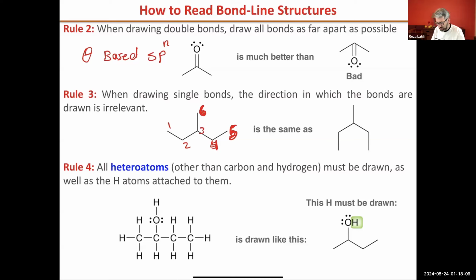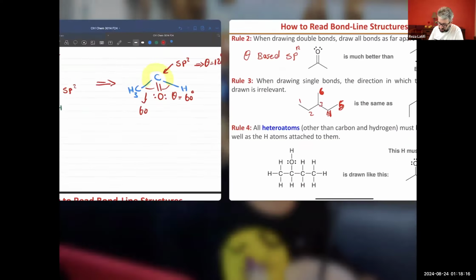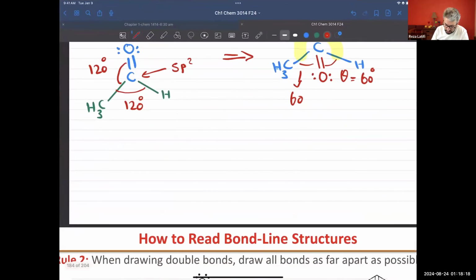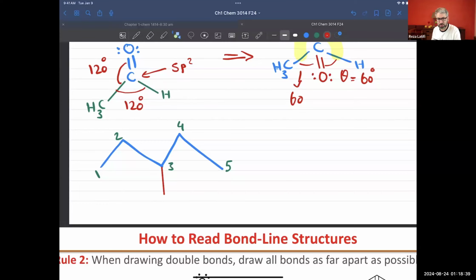So we have a backbone that has 5 carbons and one branch on the third carbon, so in total we have 6 carbons. So I go 1, 2, 3, 4, 5. And how about this? 1, 2, and here 3, 4, and this one is 5. Can I put number 6 somewhere here? That's completely fine.